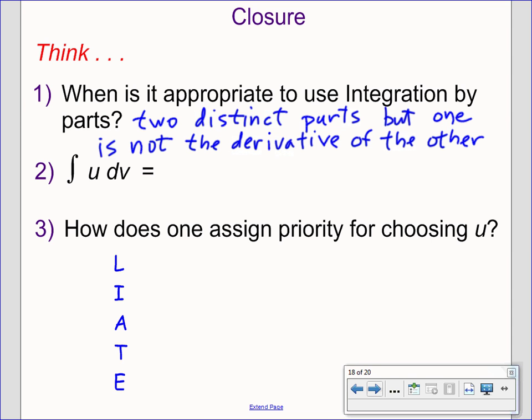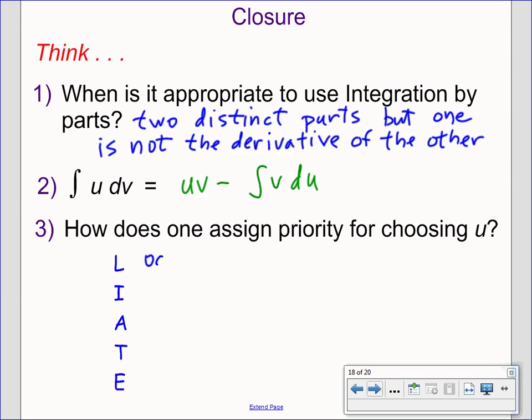And complete my formula, integral of u dv, with u's and v's would look like what, Brendan? U times v minus the integral of v du. Awesome. And let's complete our assignment for priority. Give me an L, Vivian. Logarithmic.